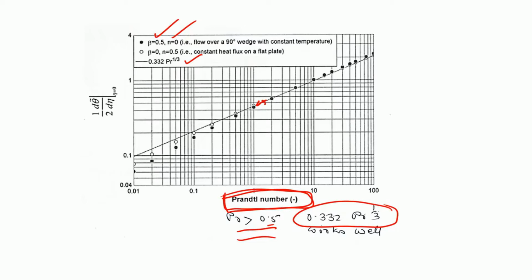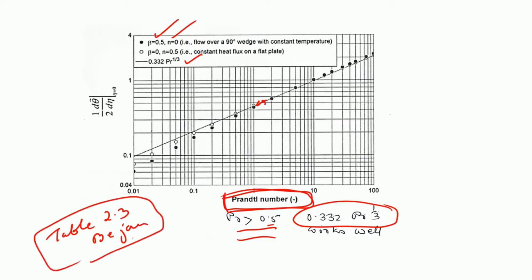Here you can also look at table 2.3 of Bejan, in order to see the solution for θ for different m. In the next class, we are going to give you a chart containing all the values of beta.